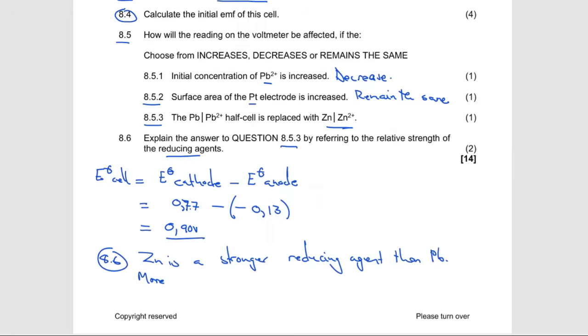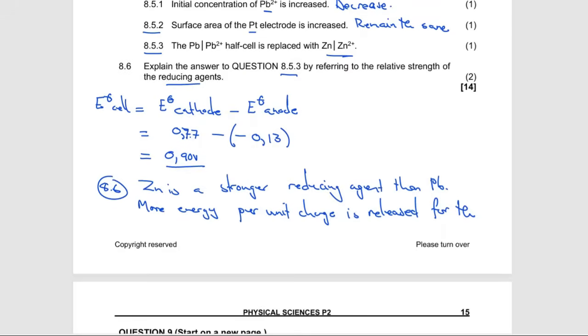Then after that, more energy. I'm going to say more energy per unit charge is released for the reaction between zinc and Fe3+, right?